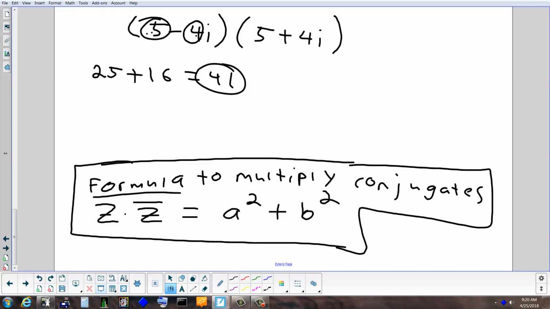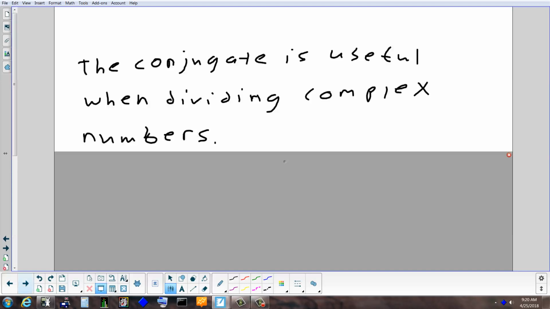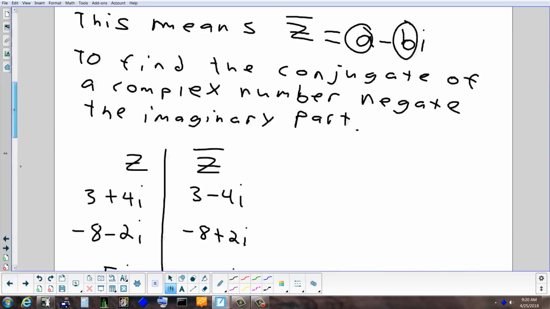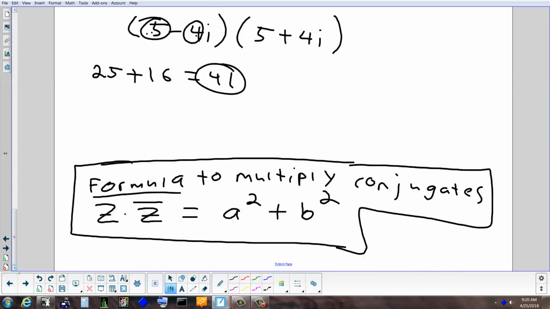So the whole point of looking at a conjugate is that when you multiply conjugates together, it cancels all the i's, and that's something you have to do when you divide. You have to cancel all the i's out. And the conjugate is the way to make that happen.